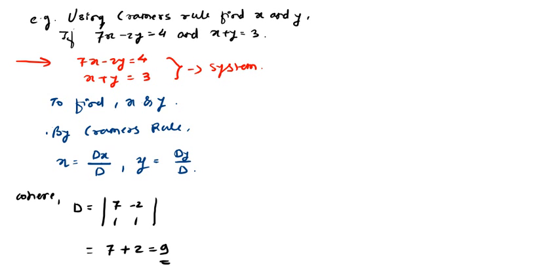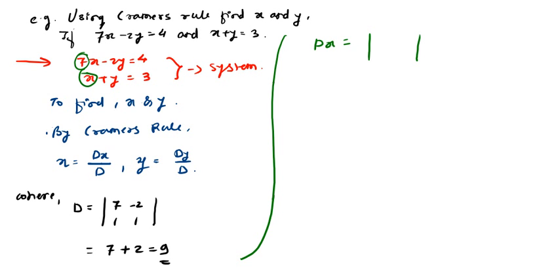Also, we will find the value for Dx. Instead of the coefficients of x, we will replace them by d1 and d2, which in this case are 4 and 3, and the coefficients of y will be as they are. Solving this determinant, this will be 4 plus 6, which is equal to 10.